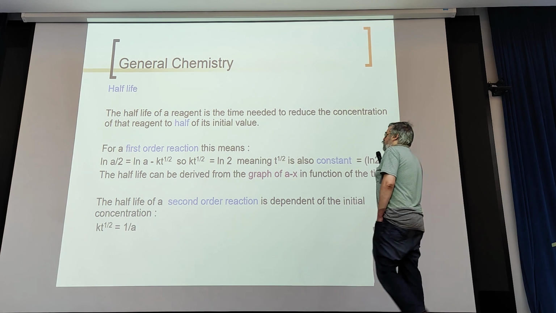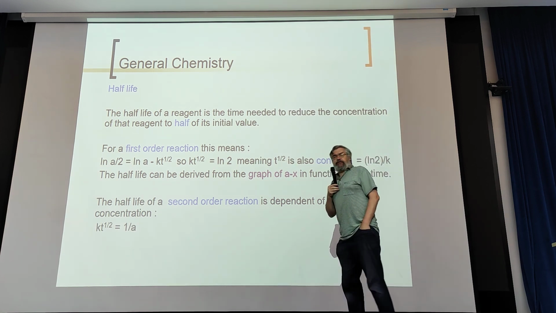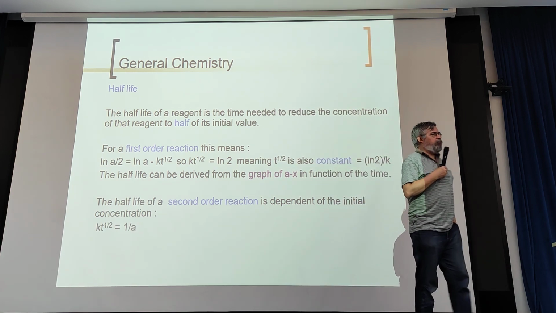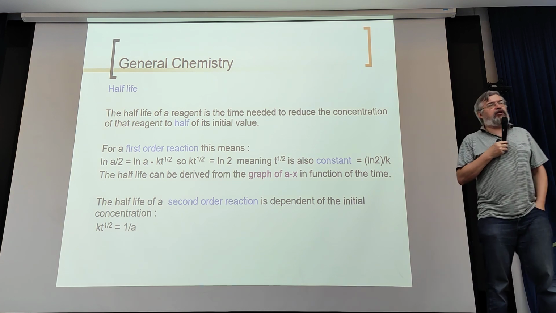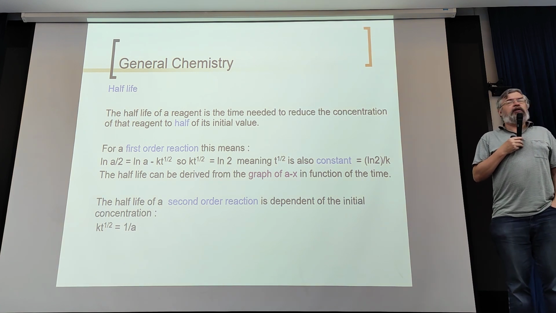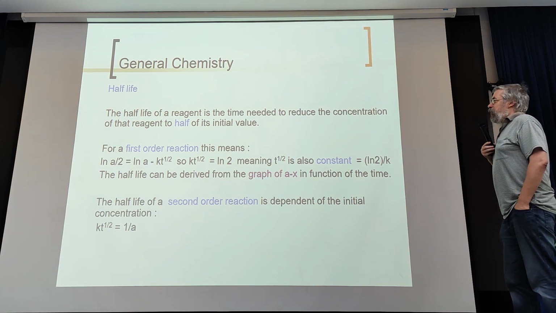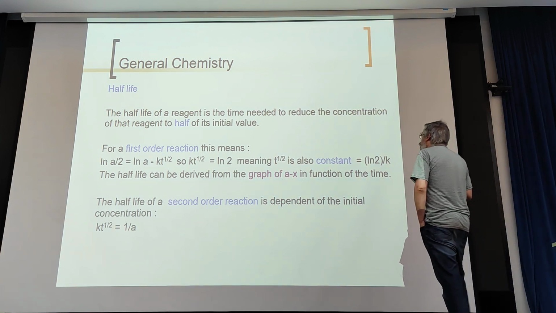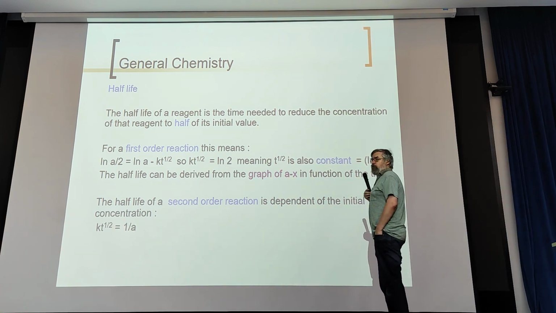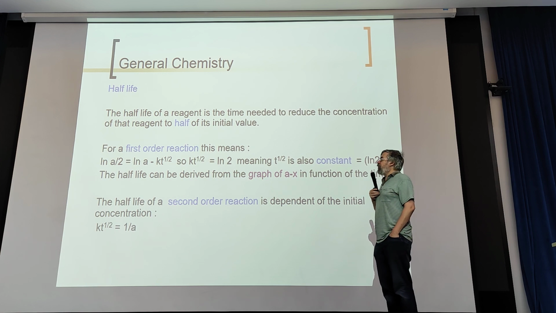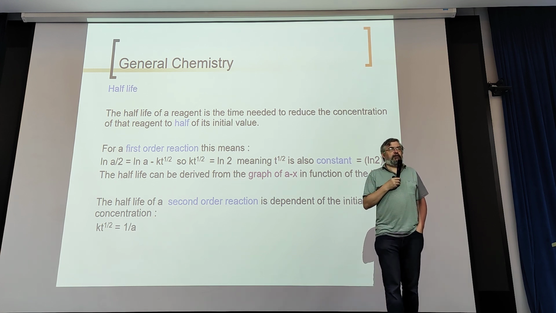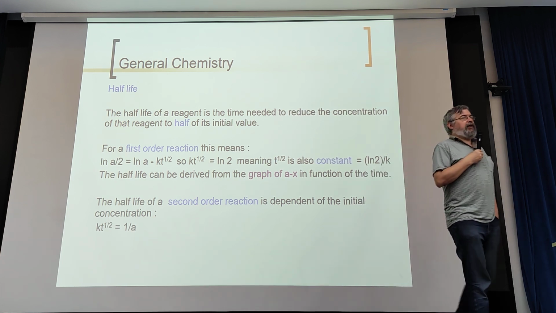So in the first order reaction we can actually apply that to our equation that we found, which is a logarithmic equation. So then that means ln of A over 2, because that's the concentration at the half-life, equals minus k times the time at that moment.